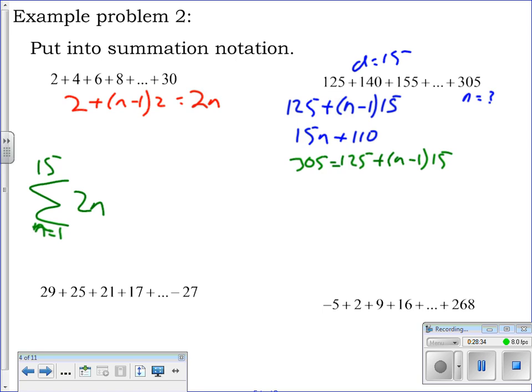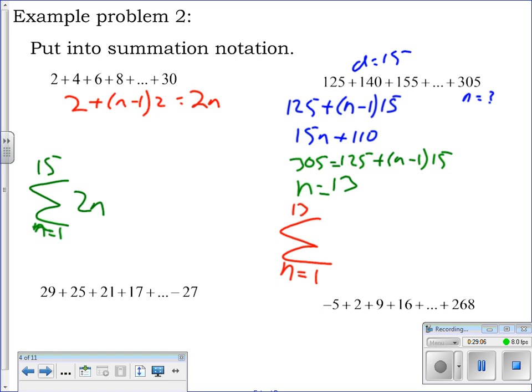What? You're looking at me funny. Of course, everybody always looks at me funny. N equals 13. So 305 is the 13th number in the sequence. So my notation, N equals 1 to 13. I go from 1 to 13.